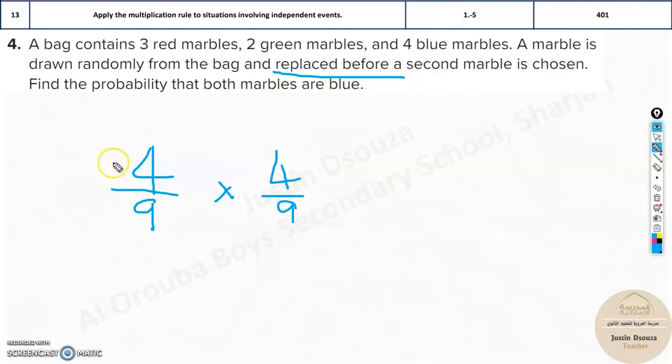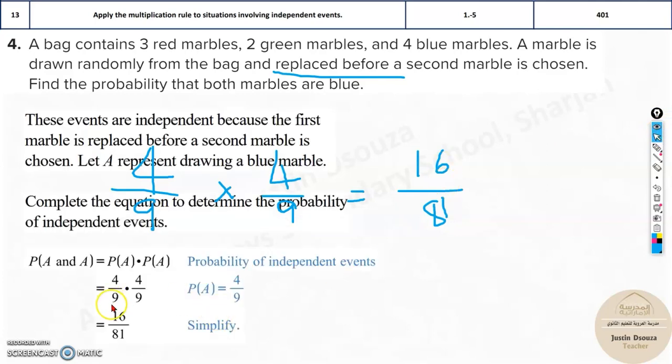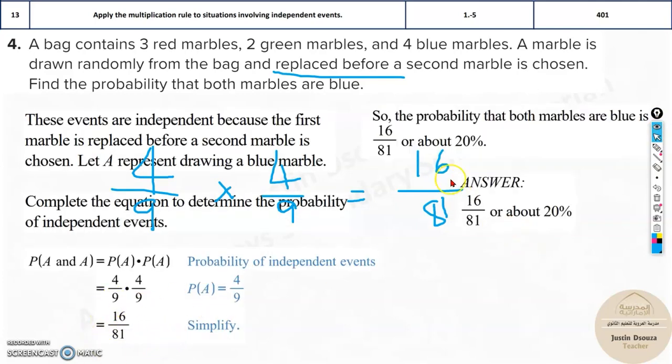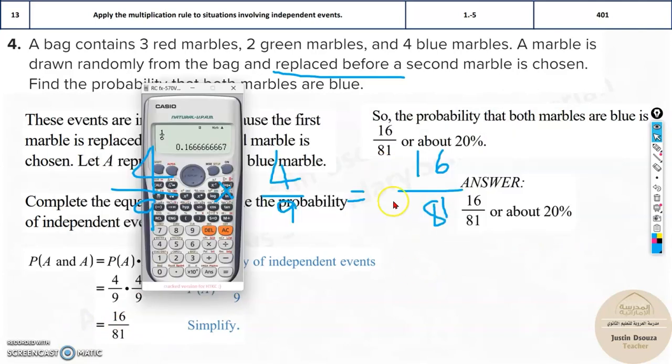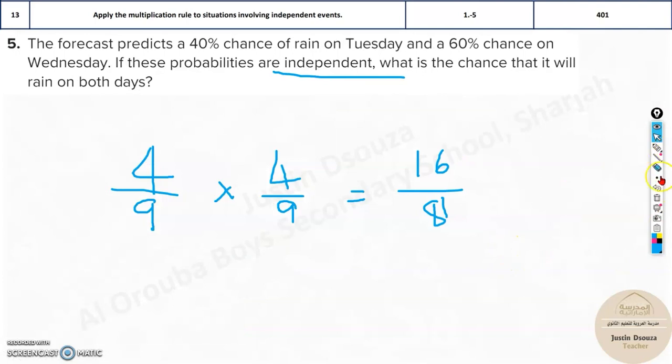The probability that both are blue is 4 by 9 two times, that will be 16 by 81. So that is the answer. Just to double check, 16 divided by 81 is very close to 20%. It's 19.75%.